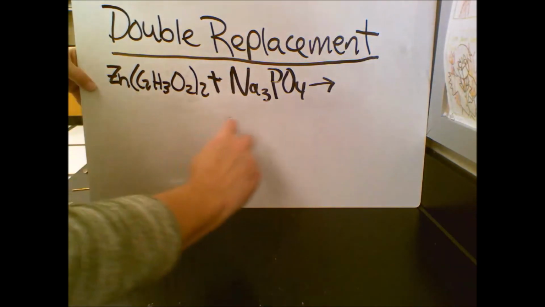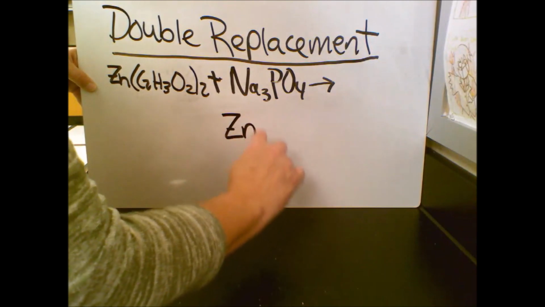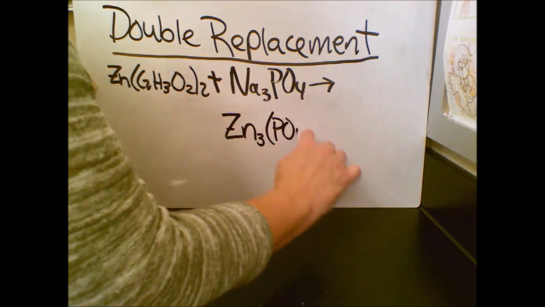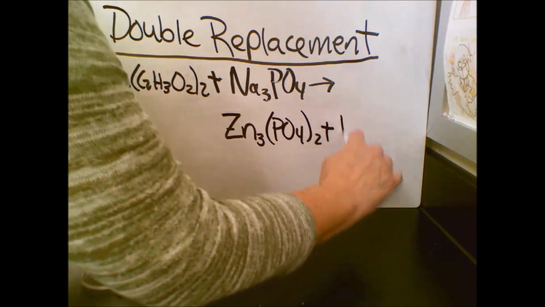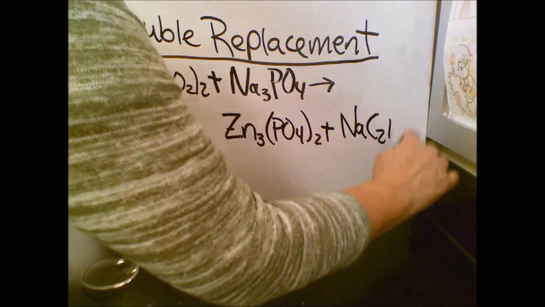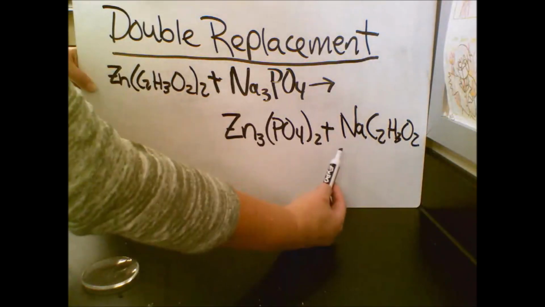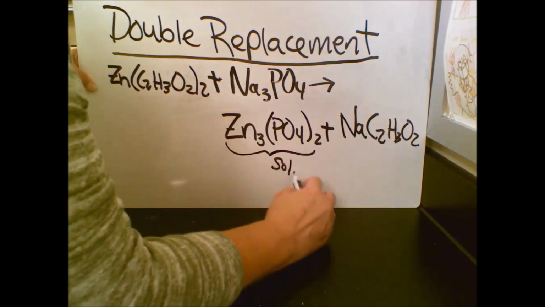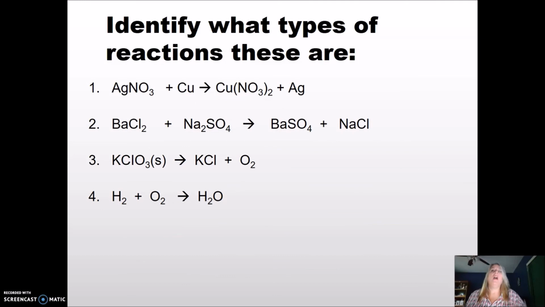So we're going to have products of zinc phosphate and sodium acetate. Sodium acetate is soluble, but this is insoluble. It forms a solid, and that's what we saw, that white substance.